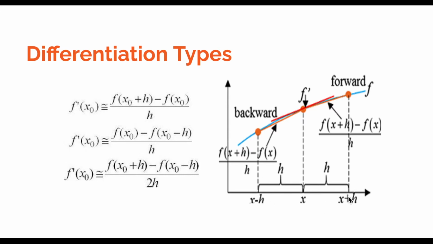So if we take these two values and calculate the change in y by deducting these two values, then the change of x-axis will be 2h, because there's one step and there's one step. The gap between these two points is 2h, so we will be dividing the whole thing by 2h. So this is called the central derivative formula.